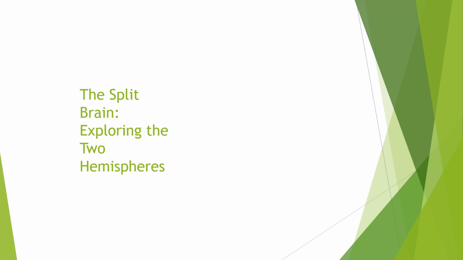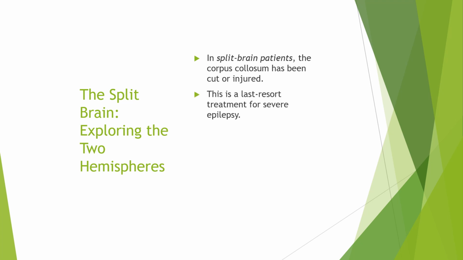However, because the corpus callosum is severed, now the two hemispheres cannot communicate with each other. So in split brain patients, let's just reiterate, the corpus callosum has been cut or injured. And again, this was done as a last resort for severe epilepsy.